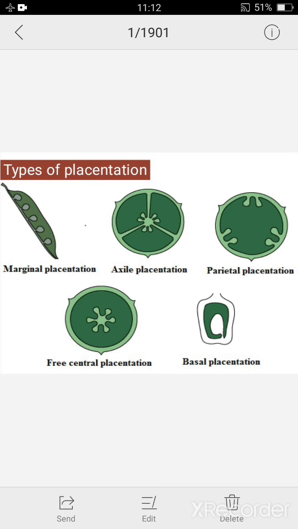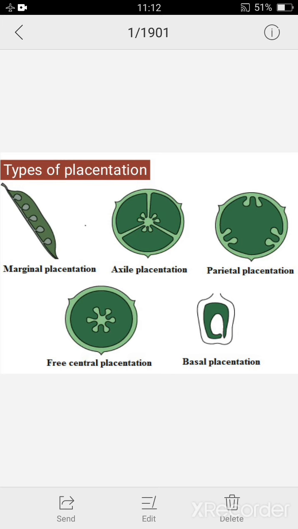But all these ovules are attached to one cushion-like structure present at the center of the ovary, that is called placenta. It is a flat ribbon-like, cushion-like structure where all the ovules are attached to it. So this is very important for competitive exams. Please make a note of this point.